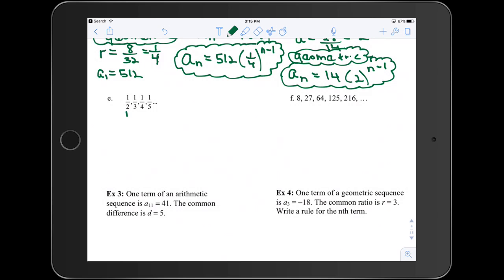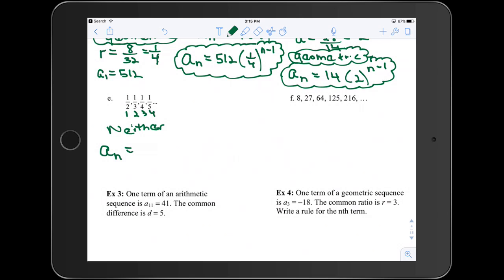If we say this is term 1, this is term 2, 3, 4, I'm going to write neither right now so we can get that out of the way. But what we want to figure out is, okay, a sub n equals, what do I do to get the value each time?